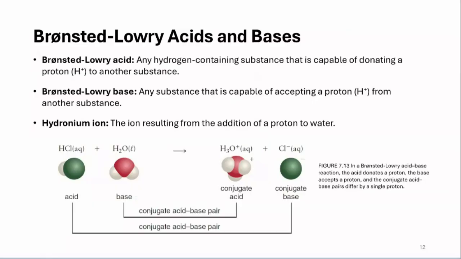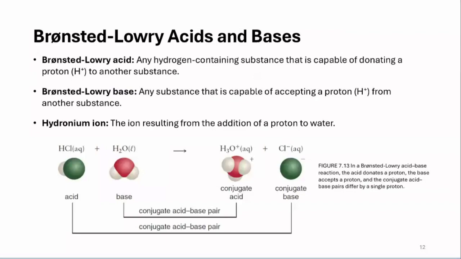Since HCl went from HCl to Cl minus, this says that HCl acted as an acid, because we can see that on the product side of the reaction, it's going to be just Cl. Now, this Cl is going to have a formal charge of negative 1.